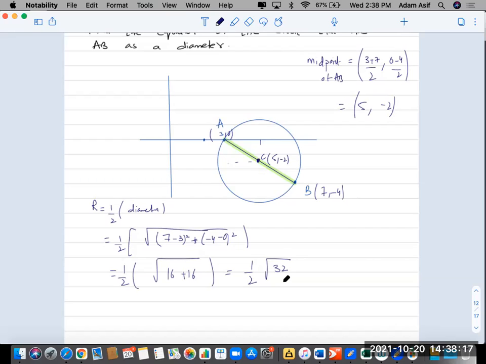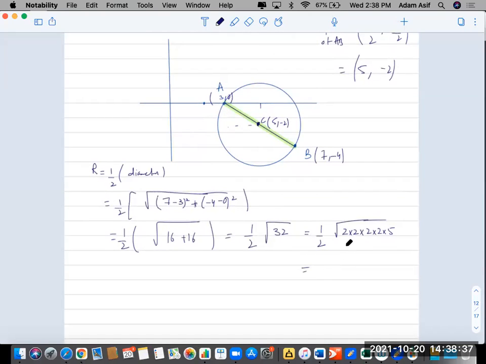Square root of 32 is 4 root 2. 32 can be expressed as 2 to the power 5. So if I just pull out 2 common, I'm going to get square root of 8. So the radius comes out to be square root of 8.